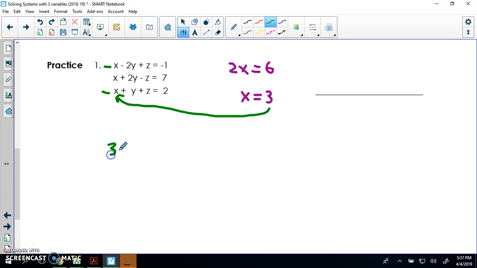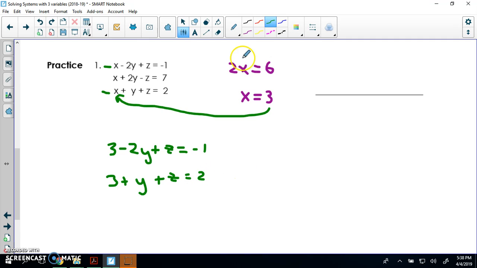So it's going to be 3 minus 2y plus z equals -1. And then I'm going to do the bottom one, which would be 3 plus y plus z equals 2.